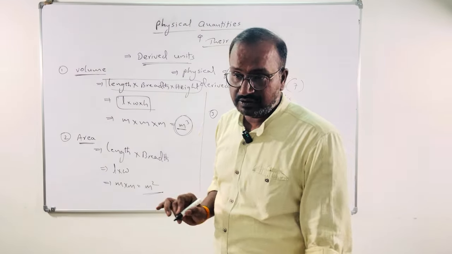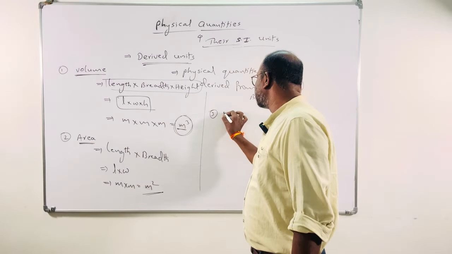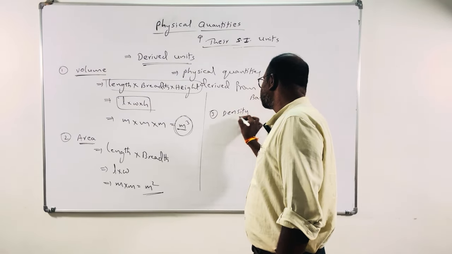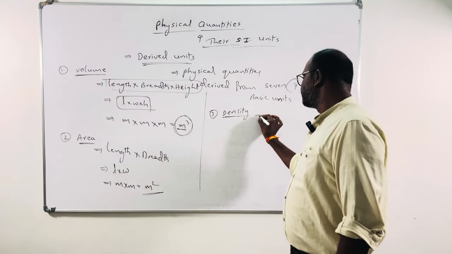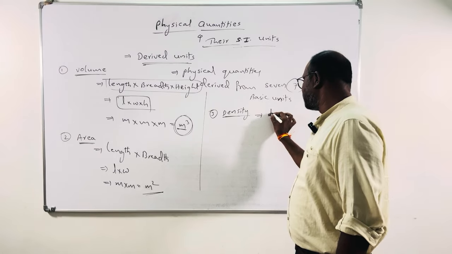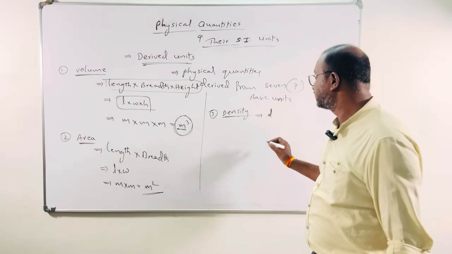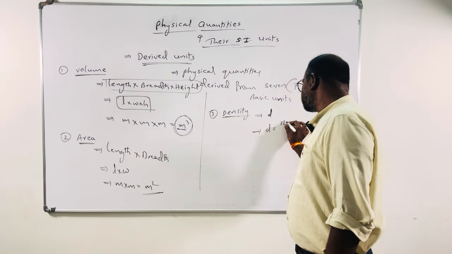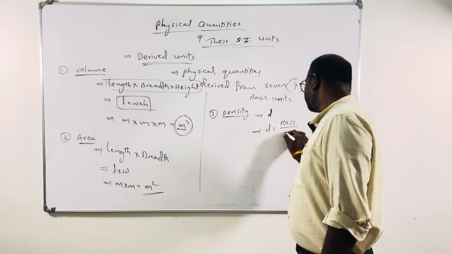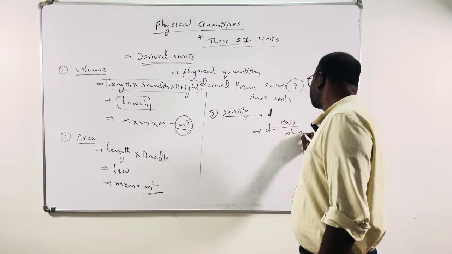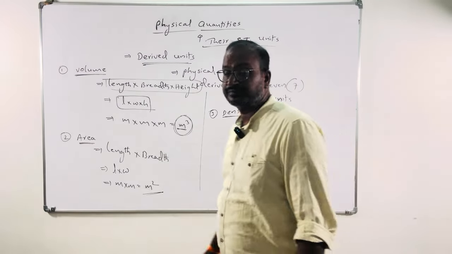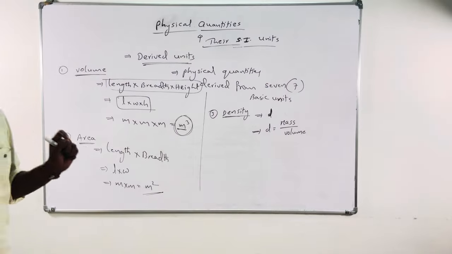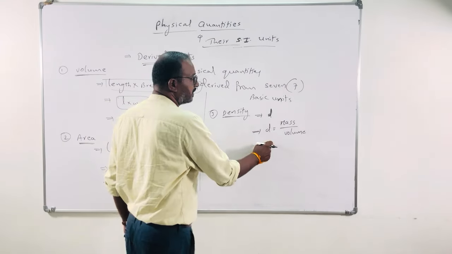Next, the third derived unit is density. The symbol of density is small d or capital D, that depends. It is calculated by the formula mass by volume. Density is derived by mass by volume.